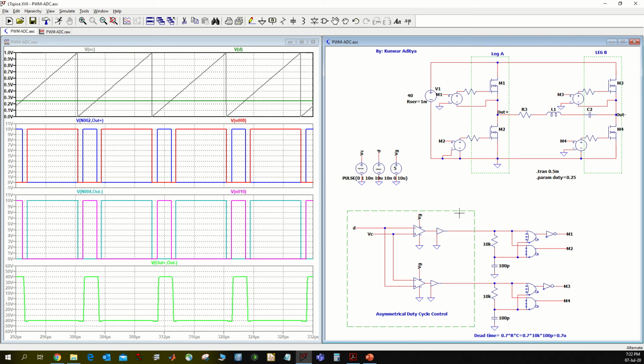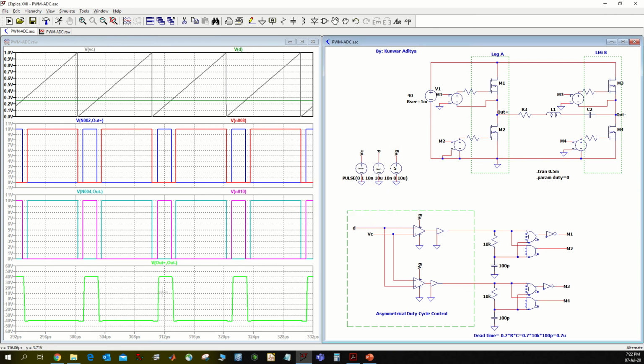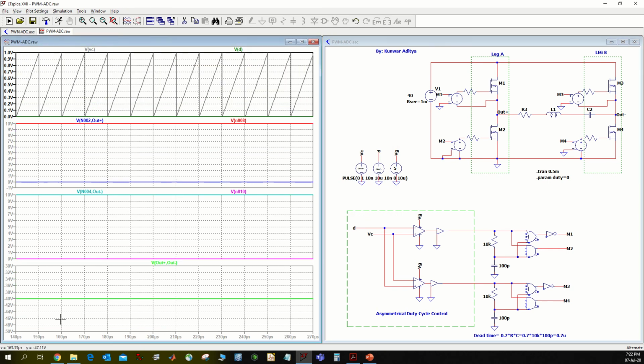So fairly simple to implement, and one thing to notice here is that in this control you can vary the duty cycle from 0 to 100%, and your output voltage will go from minus VDC to full VDC. Let me just show you what happens if I keep my duty cycle to 0. Just observe the output voltage. You see my output voltage is minus 40, which is the DC link of this inverter.